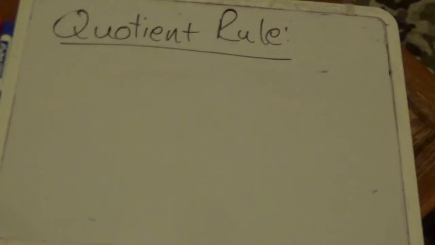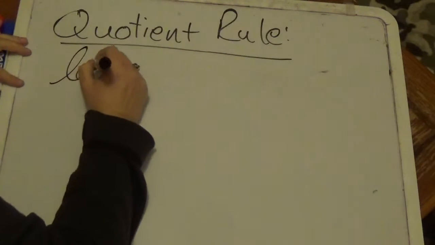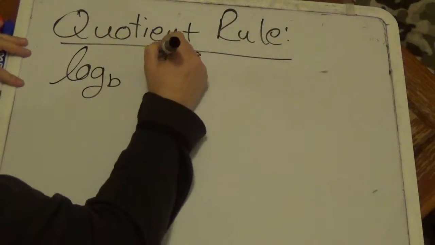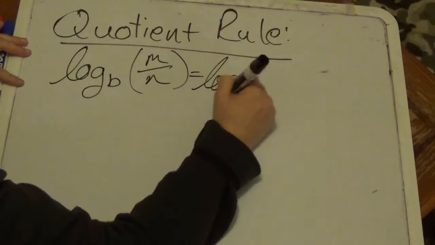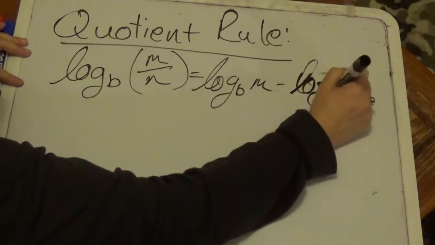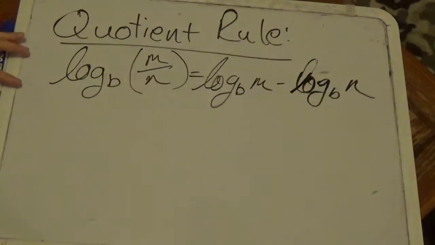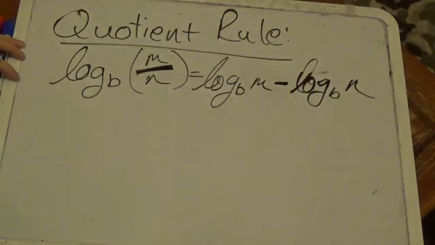Second rule. Next we have the quotient rule. The quotient rule says log base b of m divided by n equals log base b of m minus log base b of n. So now division equates to subtraction.